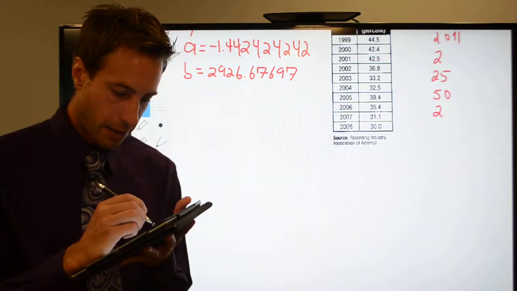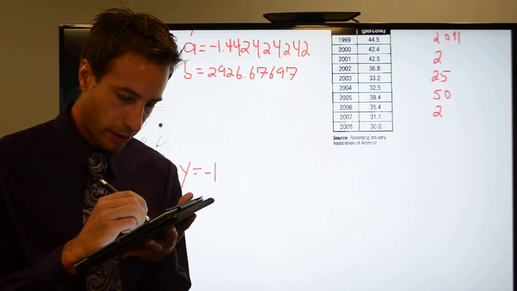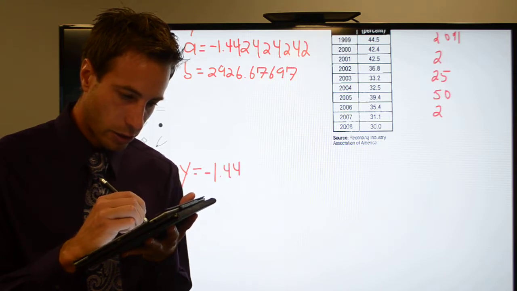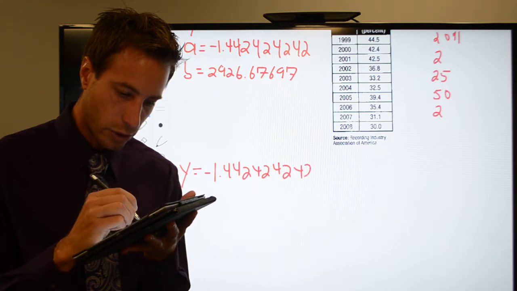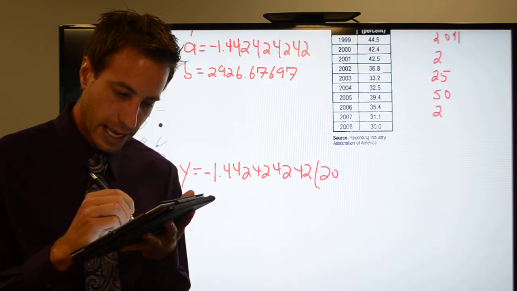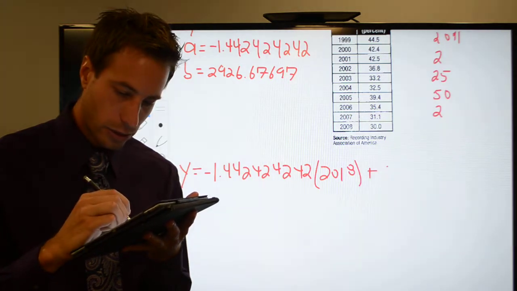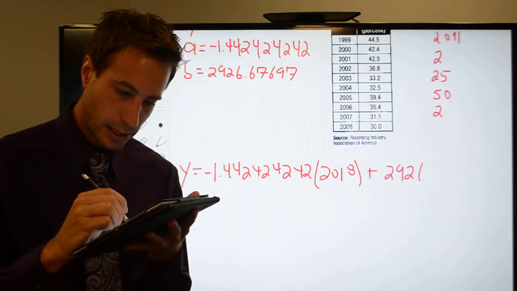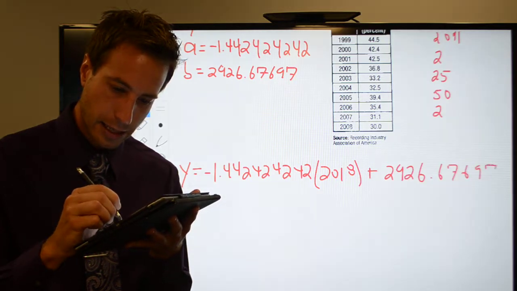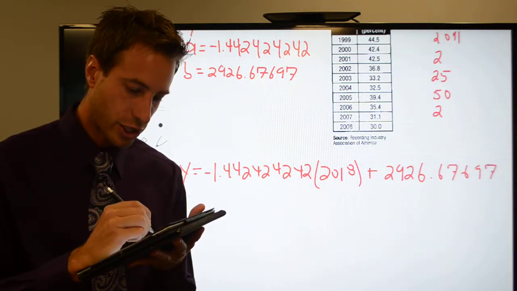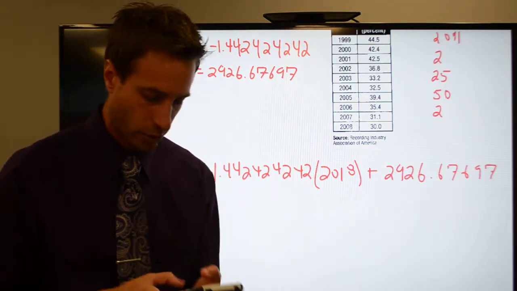I'm going to have y equals negative 1.4424244242 times 2018, and then I'm going to add 2926.67697. Again, you're watching live math here, doing this live. I have not done this calculation before, so here we go.